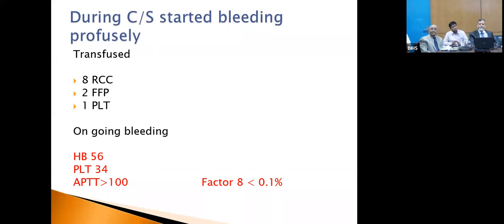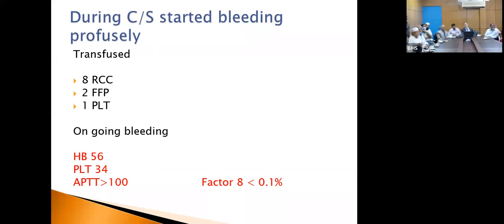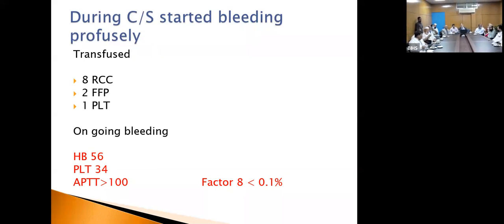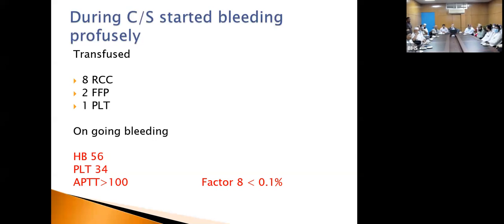It's an intrinsic factor assay, which is very low, less than 0.1. Anybody, any thought? You're thinking von Willebrand disease is causing the APTT of 100 and factor 8 less than 0.1?